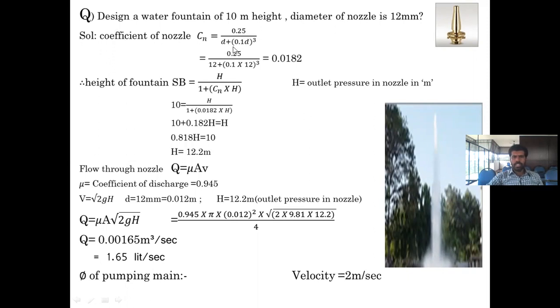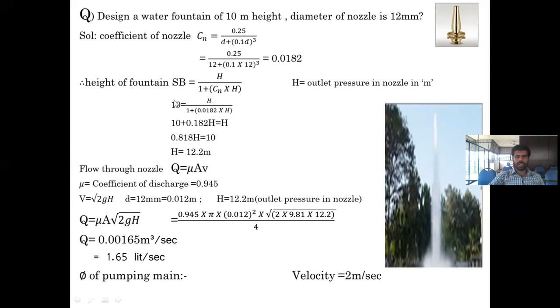Here d is 12 mm, the diameter of the nozzle. So 0.25 divided by 12 plus 0.1 into 12 gives Cn equal to 0.0182 as the coefficient.